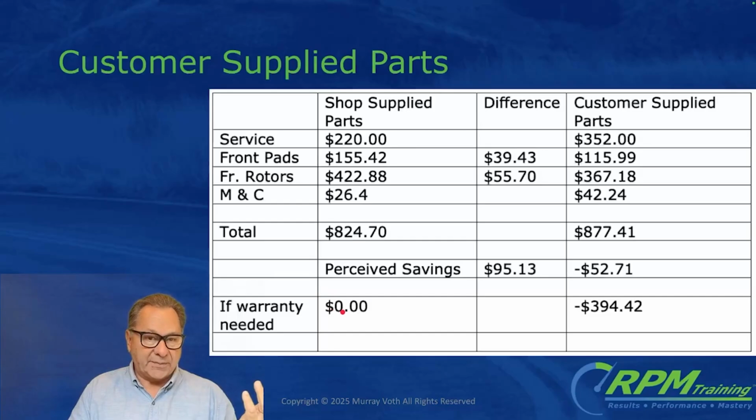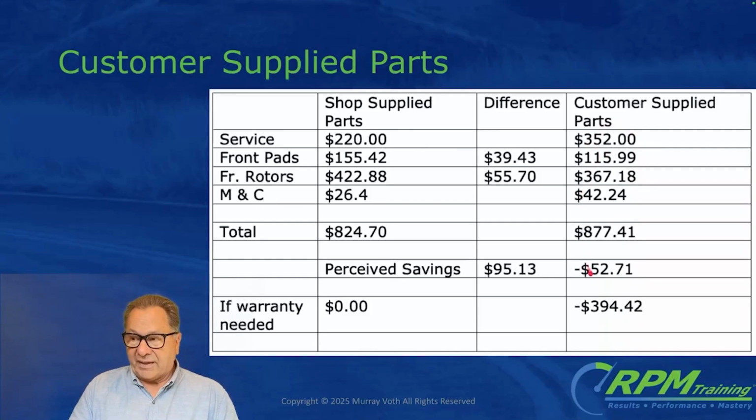If a warranty happened within 2 years or 40,000 kilometers, I would have needed to pay nothing. If the shop had done the job with the customer supplied part, it would have been $352, $115 for matching the price of the pads and rotors, materials and consumables, for a total of $877.41. It's actually $53 more to allow customer supplied parts if you're charging properly for your service.